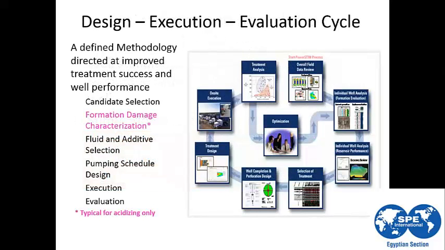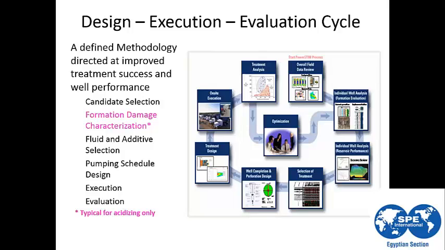The design cycle for any stimulation job is, first of all, we need to define the methodology and justify and explain our problem, why we are going to do this stimulation. Either we have a normally tight reservoir, or we have damage that we need to overcome.